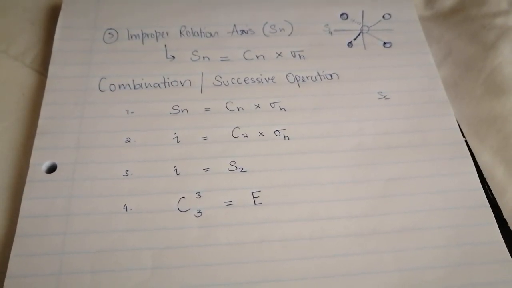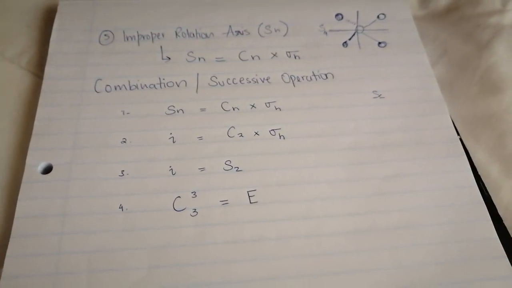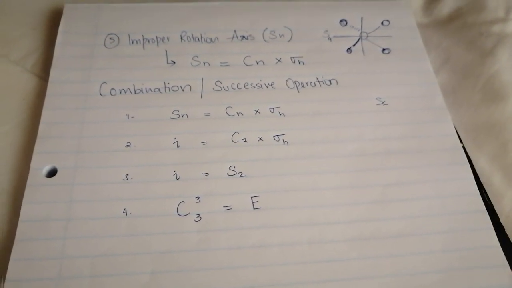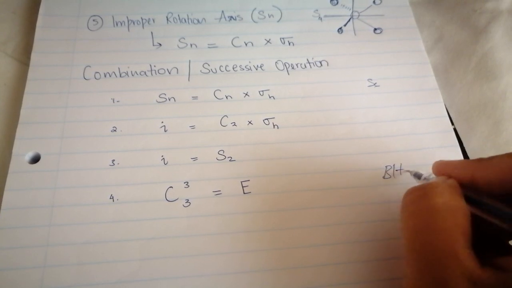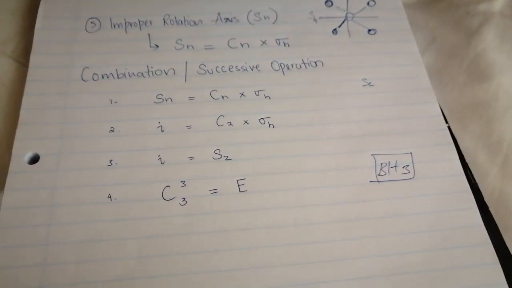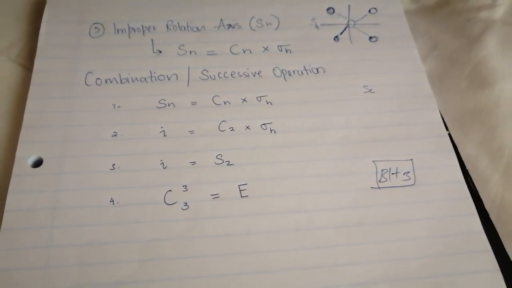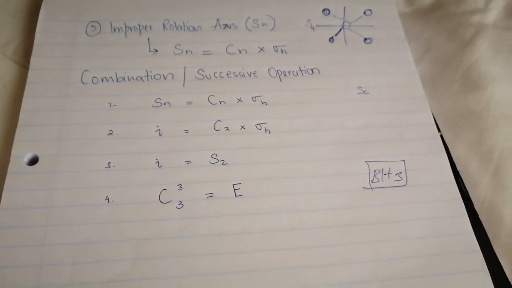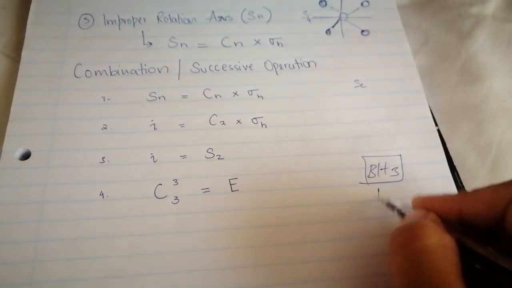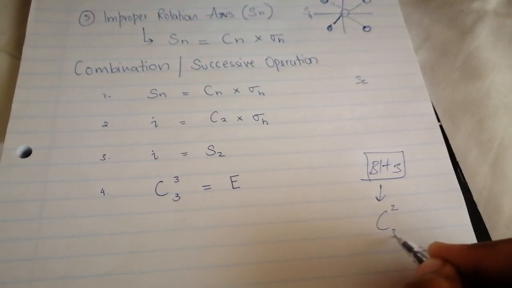Then another example, any symmetry operation can be carried out multiple times in a row. If we take a BH3 molecule, if it is rotated twice by 120 degrees, the two-step operation can be symbolized as C3 squared.